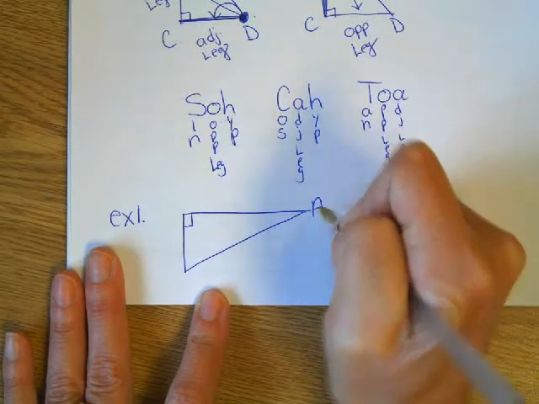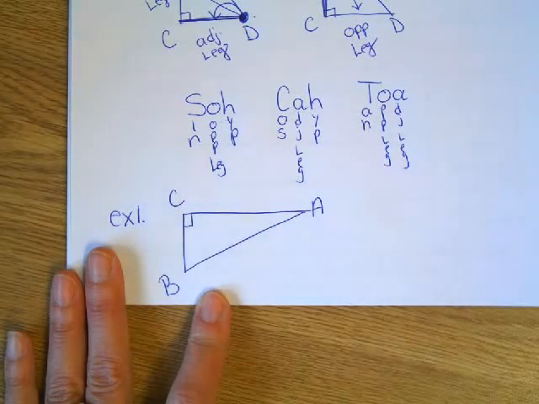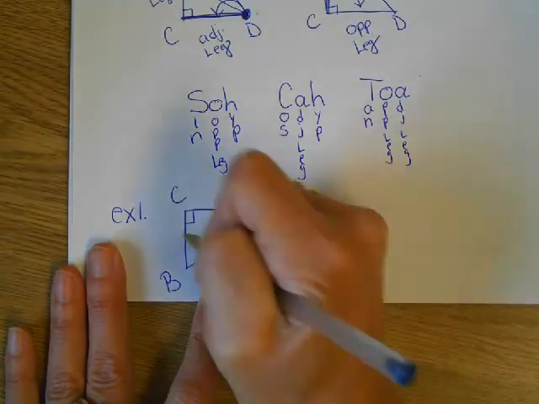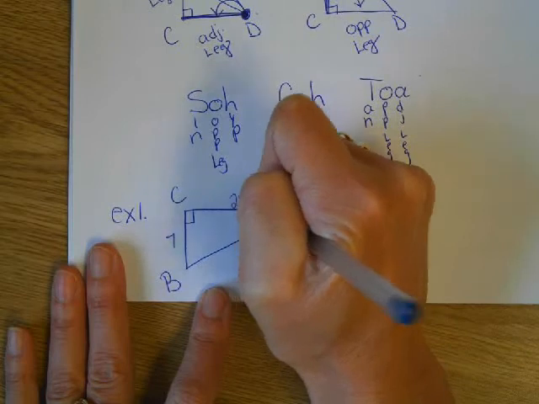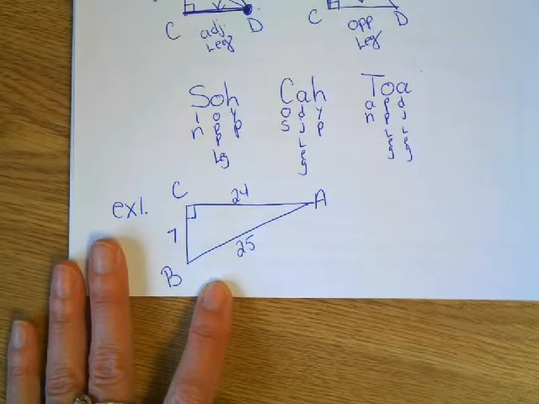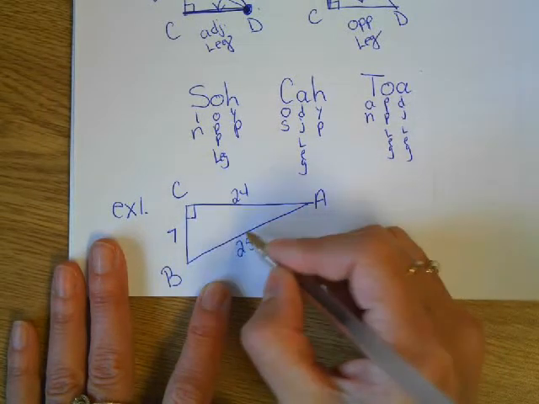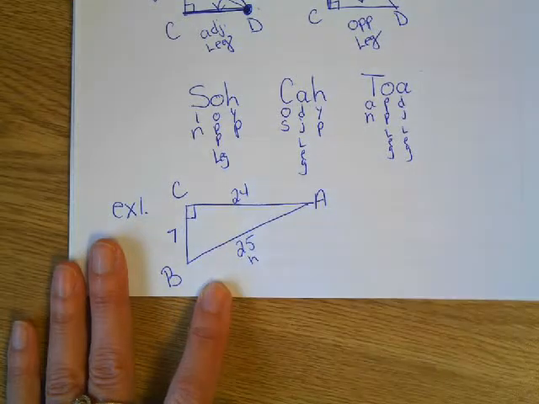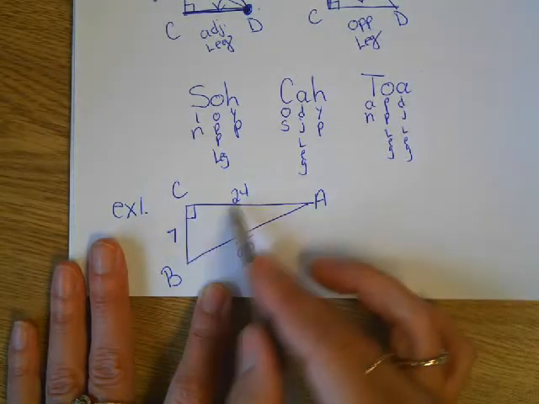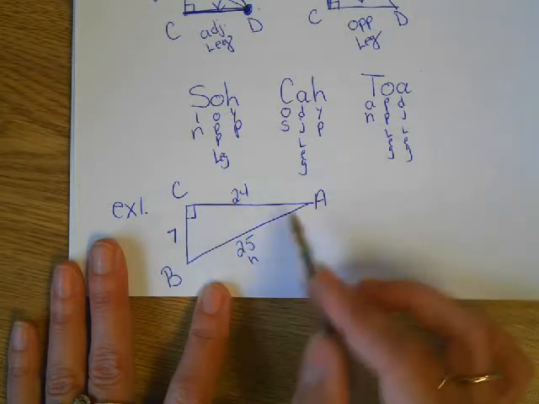So we've got angle A, angle C, angle B, and we're going to have a 7, a 24, and a 25. It might help you to always find that hypotenuse first. The hypotenuse is across from the 90-degree angle. Put a little h by it because it's never going to change. The legs, remember, can flip-flop from opposite to adjacent depending on where I'm standing.